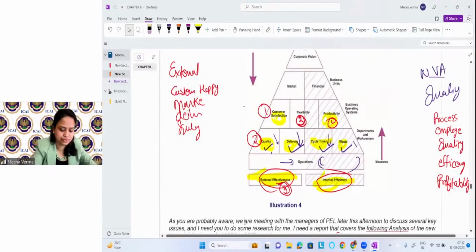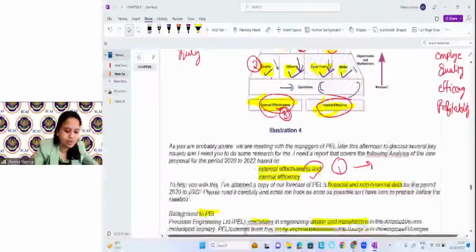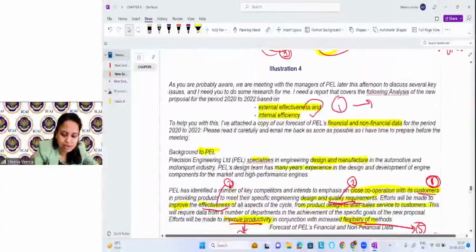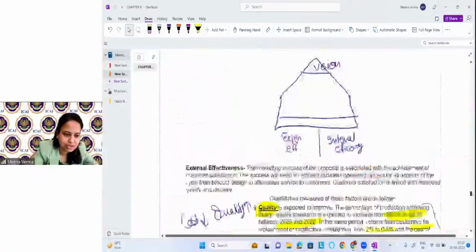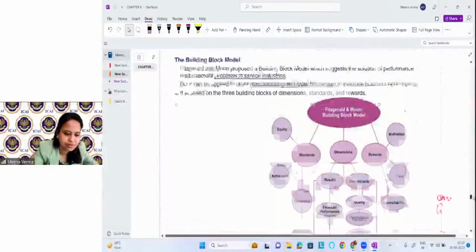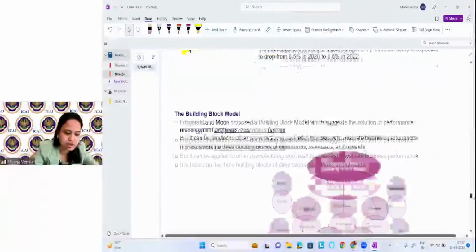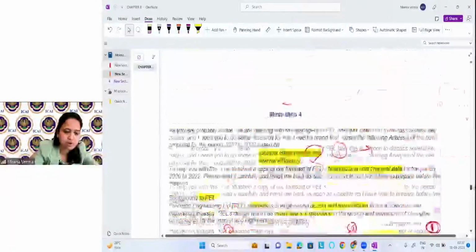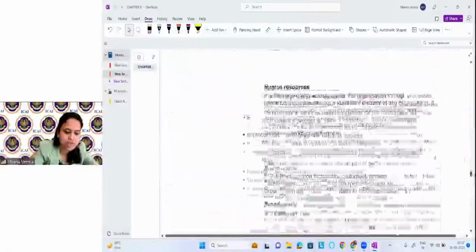Okay, good. Next. Now, after this, we are learning about the next model. This model, what is it? Building block model. Before learning it, let's see what type of model we have here.